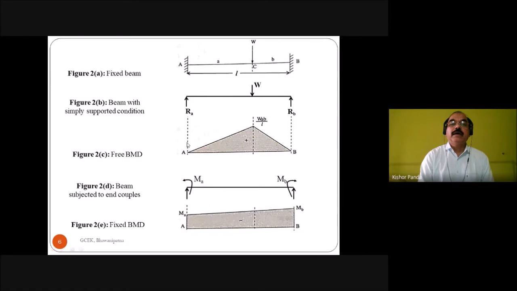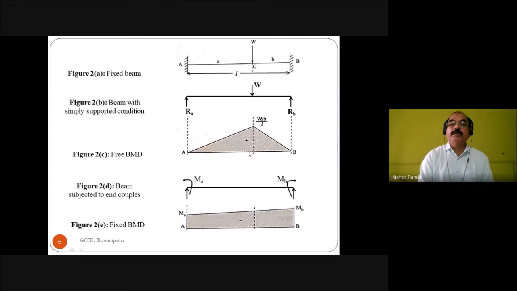When we are taking the centroidal distance from this side, because this side is A, this is B, and this is L, the centroidal distance is equal to L plus A by 3 from this side. And from the support B, what is the centroidal distance of this BMD? L plus B by 3.